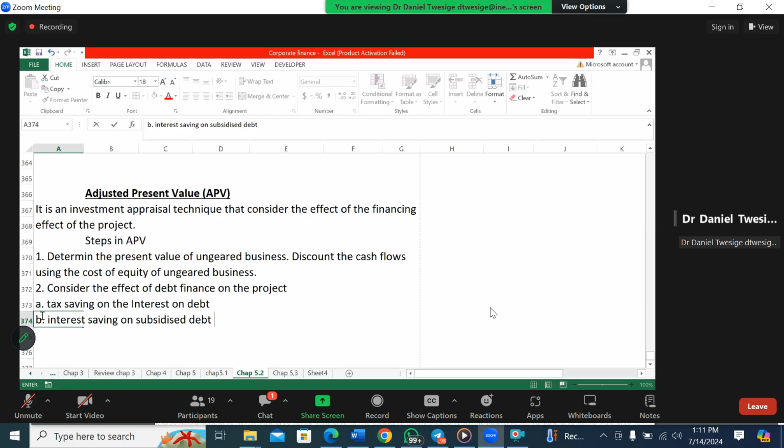Then another thing that we need to look at here is tax saving foregone on the subsidized debt.